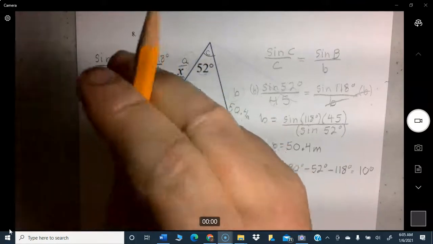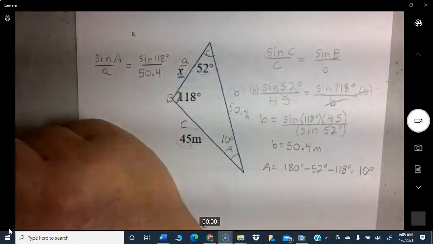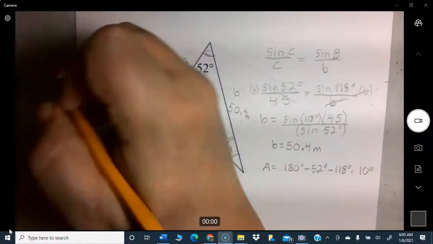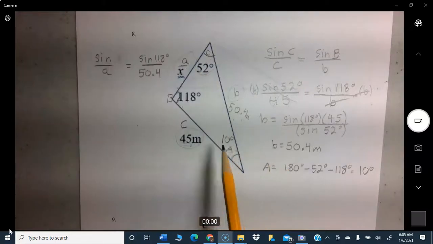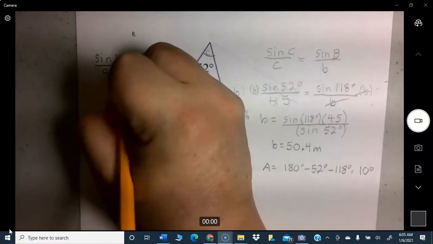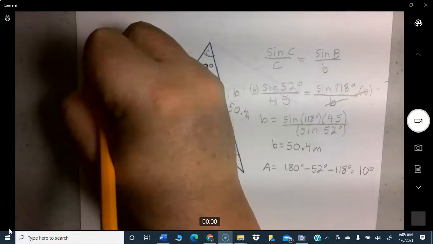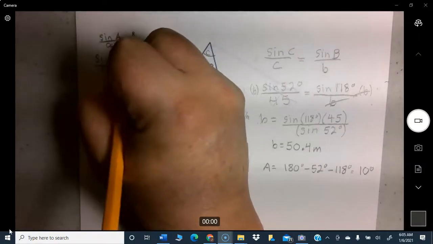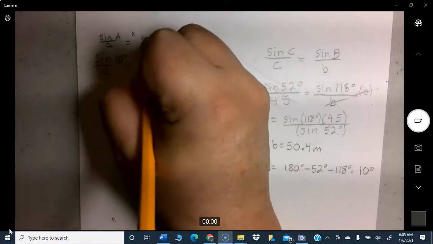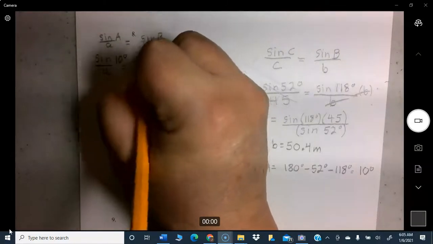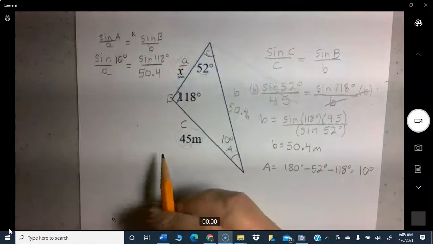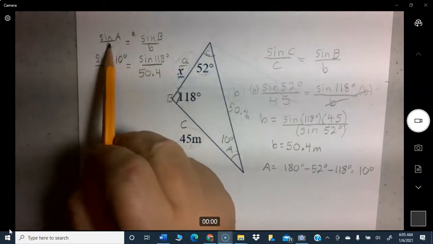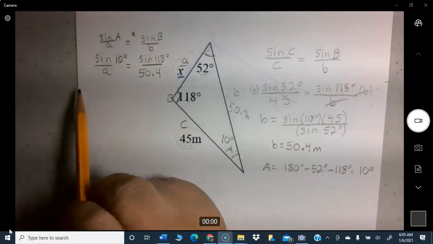Whoops, I mixed that up, let me change this to sine A, which is sine of 10 degrees. Let me write the general equation that we're using, okay? So there you go. The only thing of these we don't know is this number right here.